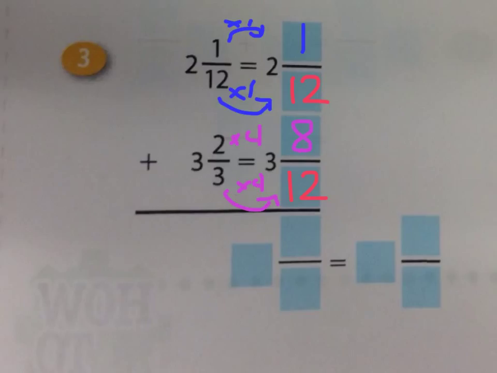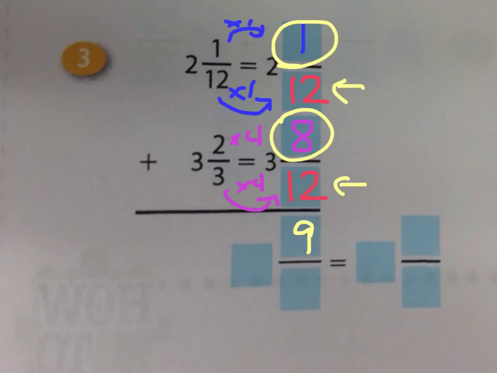Your next step is to add your numerators. You got 1 plus 8 gives you 9. And remember, your denominators stay the same, 12.